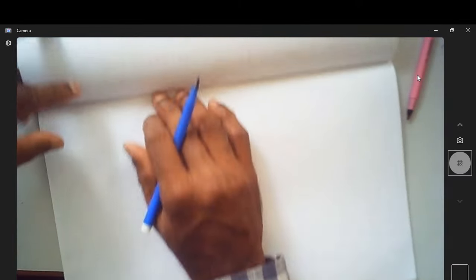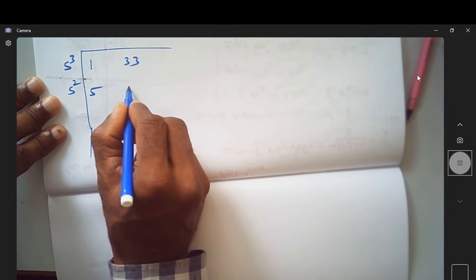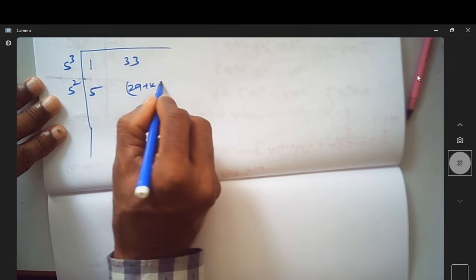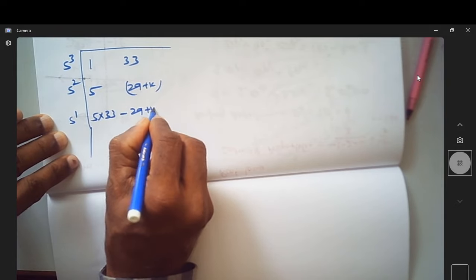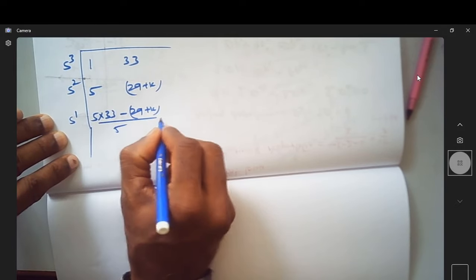So now let us write the routh array for this, to find the point of intersection of root locus with the imaginary axis. So it will be 1, 33, next it is 5, 29 plus k, then s power 1 will be 5 into 33 minus 29 plus k divided by 5, 0, and then s power 0 is 29 plus k.